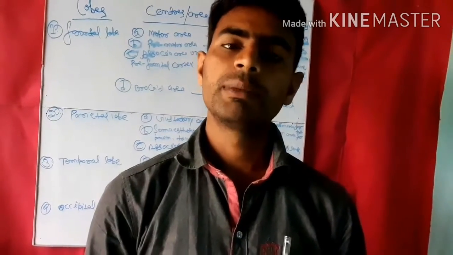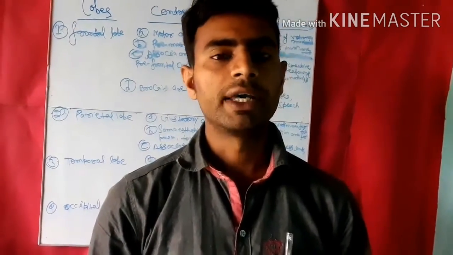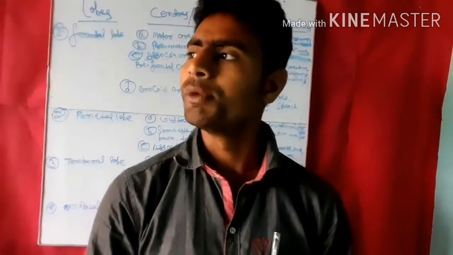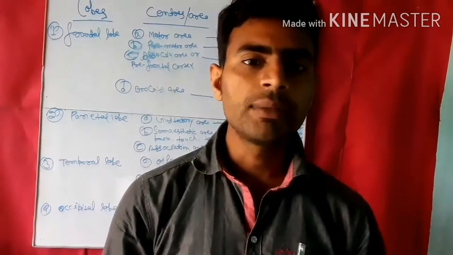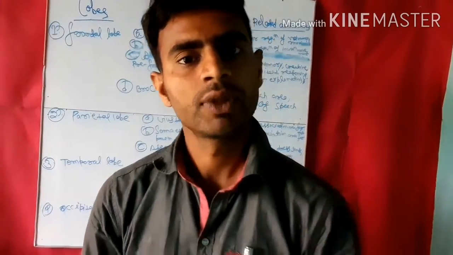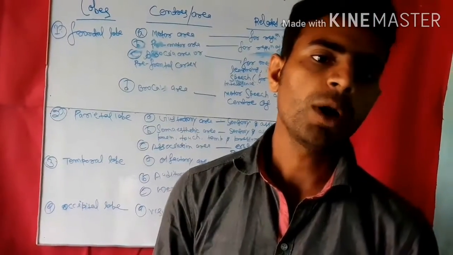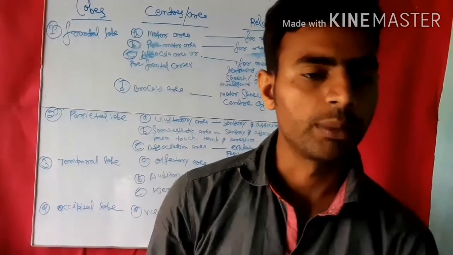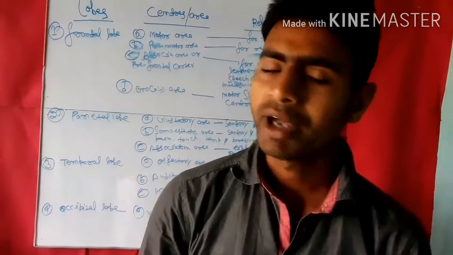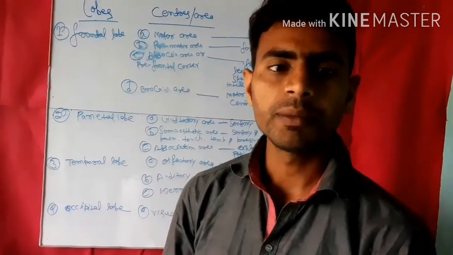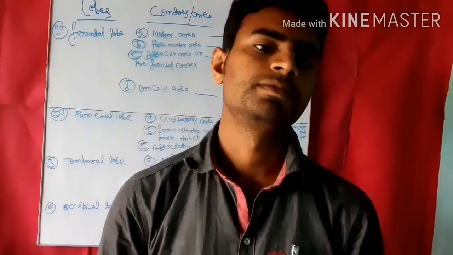In the previous classes I have told you that the brain is divided into three parts: forebrain, midbrain and hindbrain. Forebrain is also divided into three parts: olfactory lobe, cerebrum and diencephalon.